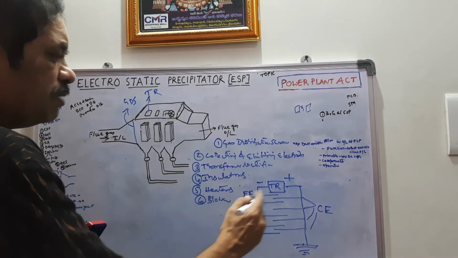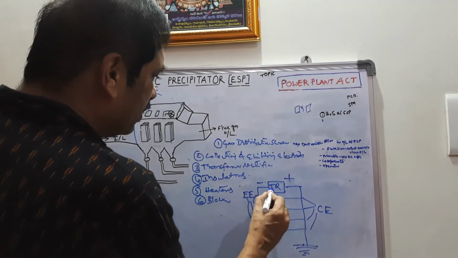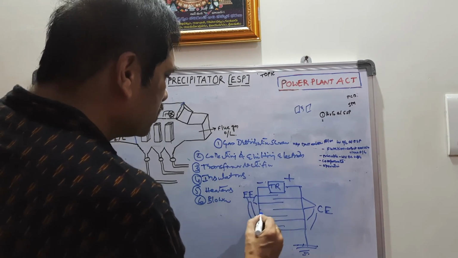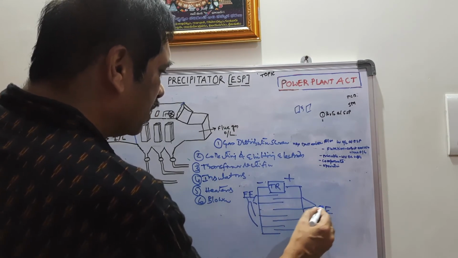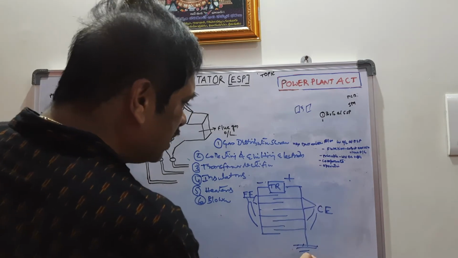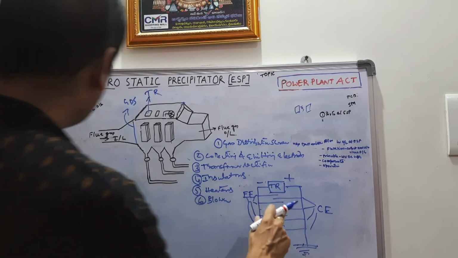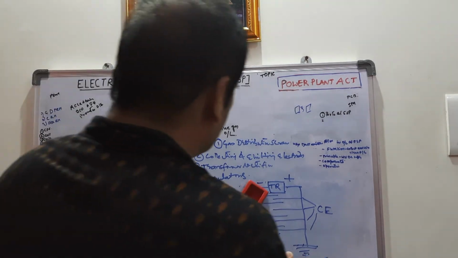The arrangement of these emitting electrodes and collecting electrodes is like this. The emitting electrodes are like this, and the collecting electrodes are like this. After providing this positive charge, it is grounded. So this is the arrangement of collecting and emitting electrodes.